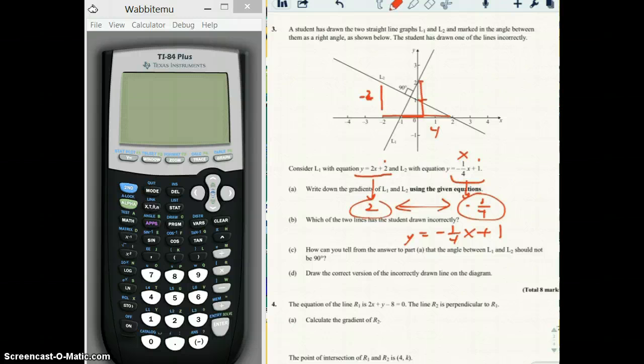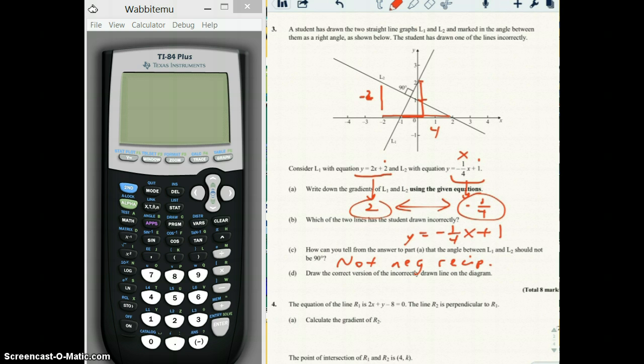A negative reciprocal would be 2 and -1/2, or 4 and -1/4, but we don't have negative reciprocals. So we can tell that they're not 90 degrees because they're not negative reciprocals.